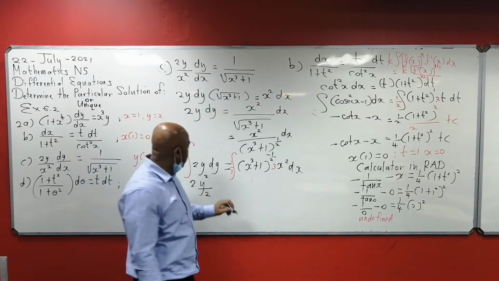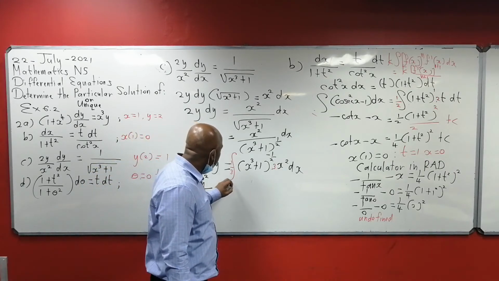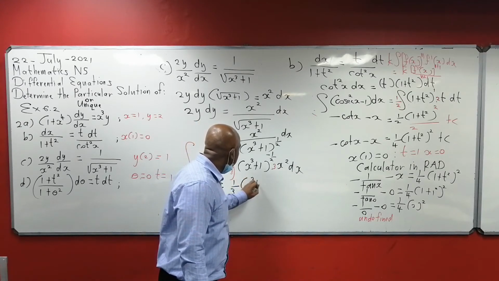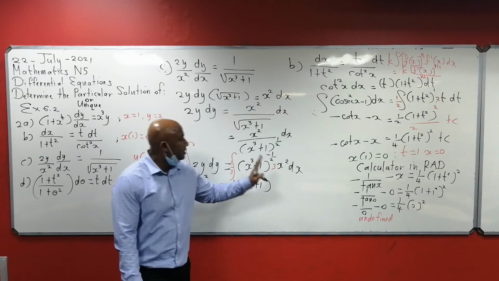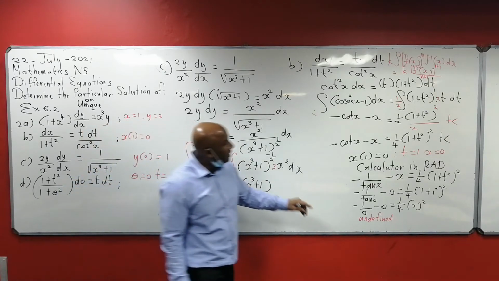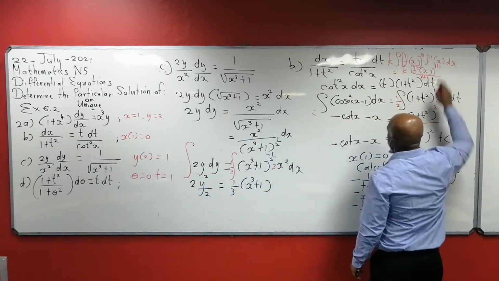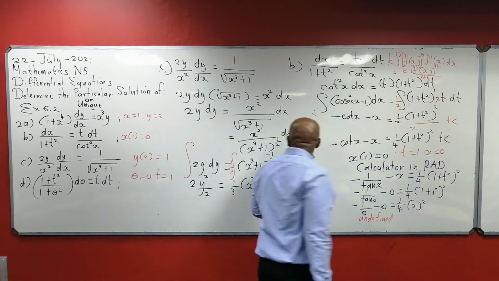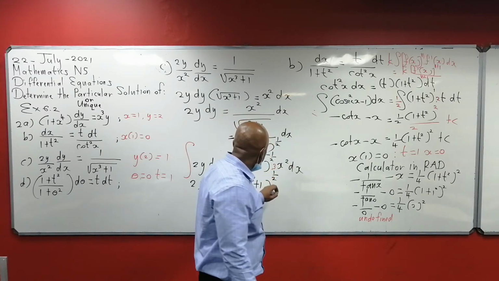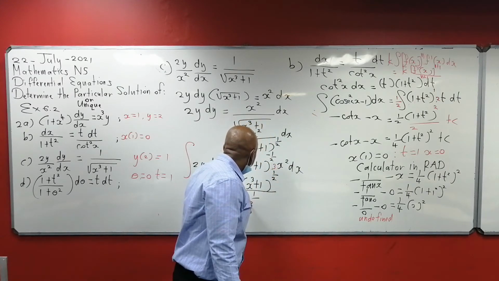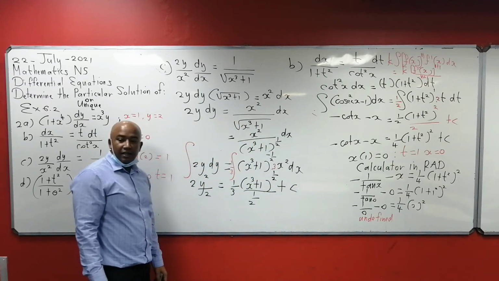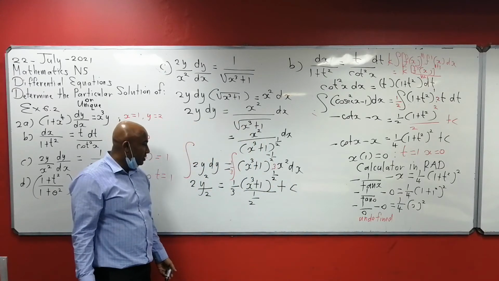Here is going to be 1 over 3, x to the power 3 plus 1, and minus 1 over 2 plus 1. So what am I doing? I'm going n plus 1. So minus 1 over 2 plus 1, or minus, will basically be half, all divided by half, plus c. And that is the general solution.